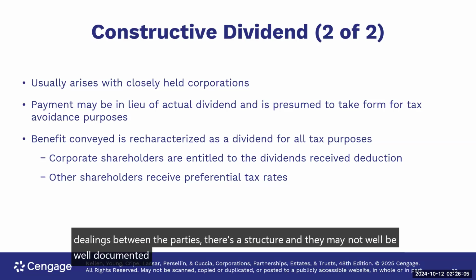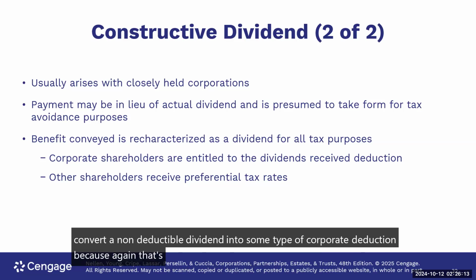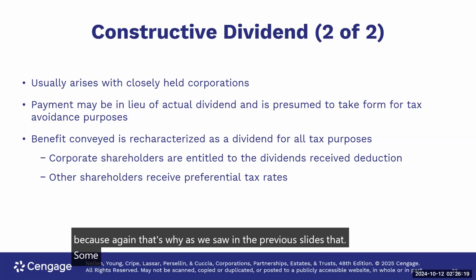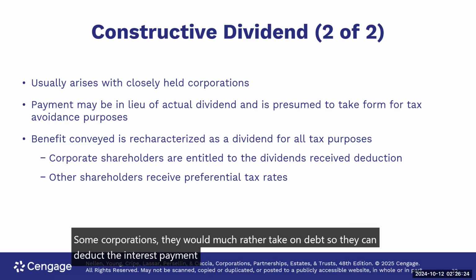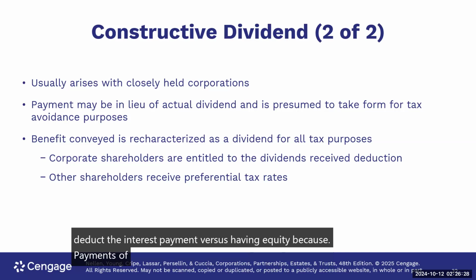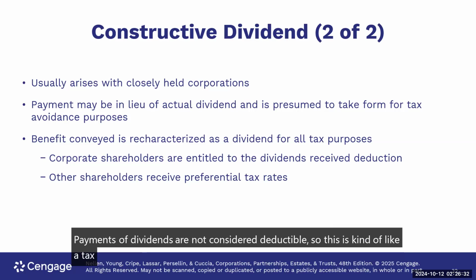So the constructive dividend is often intended to convert a non-deductible dividend into some type of corporate deduction, because again, as we saw in the previous slides, some corporations would much rather take on debt so they can deduct the interest payment versus having equity, because payments of dividends are not considered deductible. So this is kind of like a tax avoidance strategy.